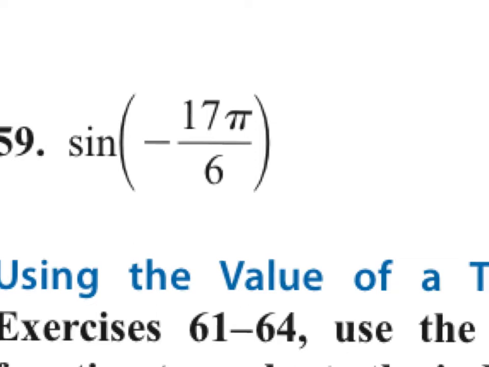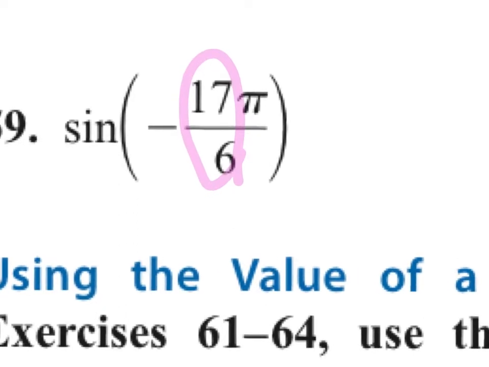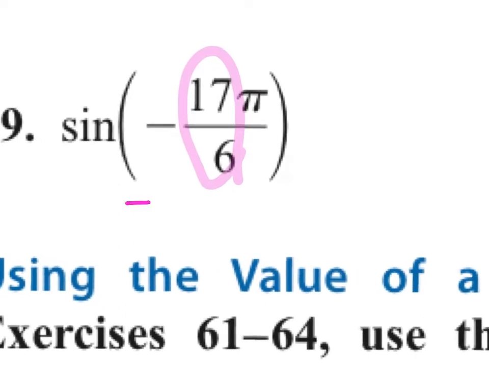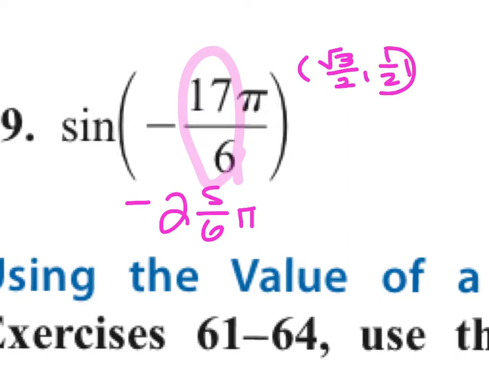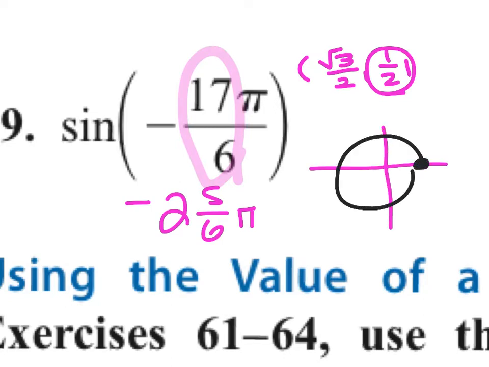So if I did 17 pi over 6, I would get what? What's 17 divided by 6 in mixed number format? 2 and 5/6, right? So the fact that it's an over 6, you should already know the coordinate point. I know the coordinate point is root 3 over 2 and 1/2, so sine would be 1/2. Now all I have to do is figure out if it's positive or negative. As you move around your unit circle, -2 pi puts you back over here.